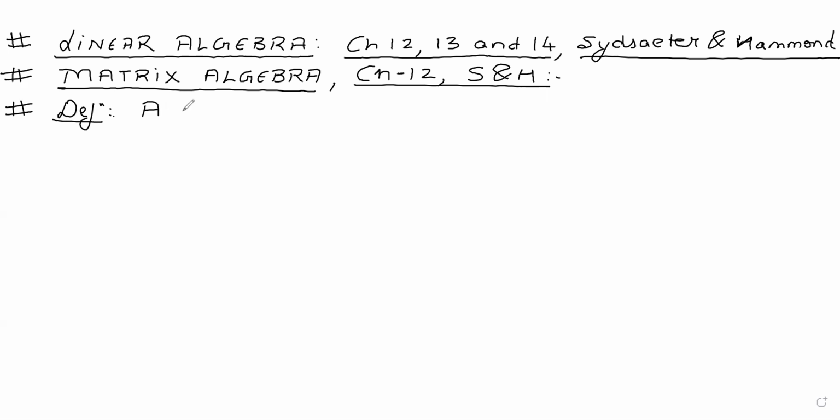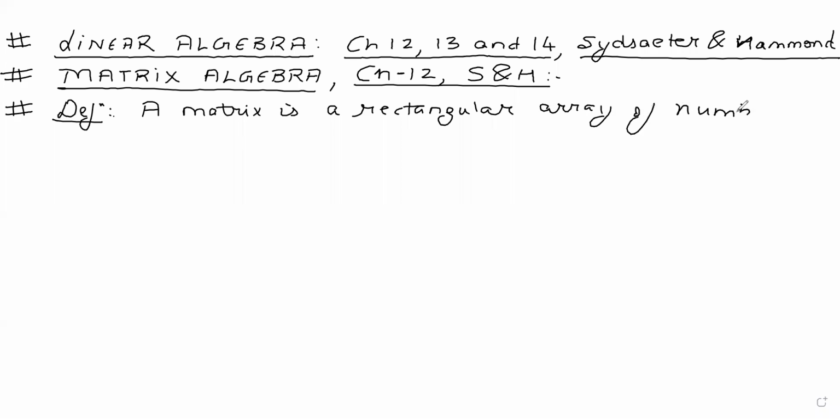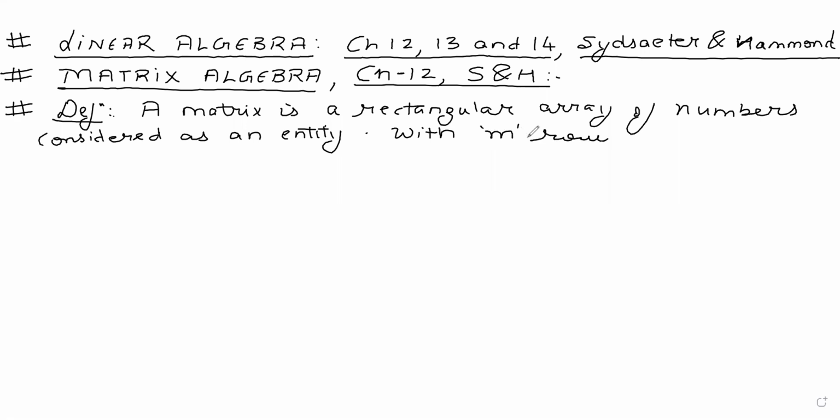A matrix is a rectangular array of numbers considered as an entity with m rows and n columns.